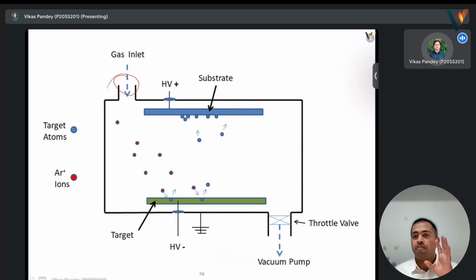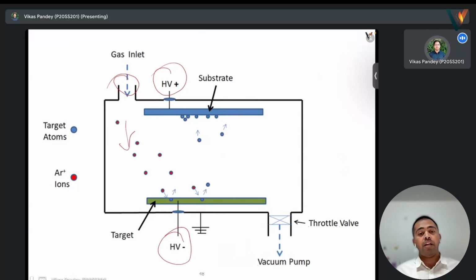Because argon is a heavy noble gas, generally heavier than the molecules that we are trying to deposit. So we insert argon, and we apply such a high voltage, positive and negative, that it creates a plasma, that is ions of the argon itself.